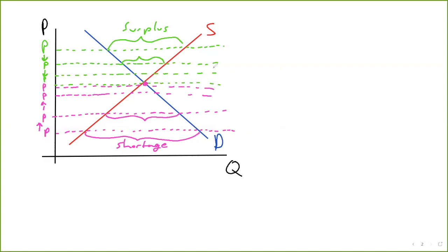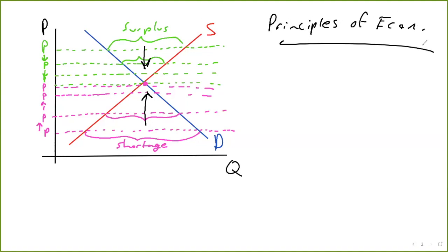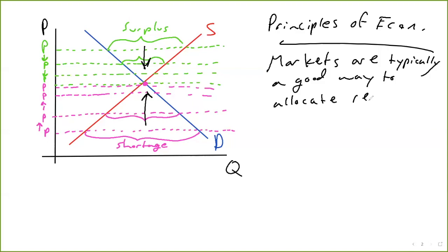So the point is, absent any mechanism to maintain these surpluses or shortages, if the market is allowed to do as it wishes, shortages and surpluses tend to dissipate quickly and the equilibrium price is found. This concept goes back to one of the fundamental principles of economics, which is that markets are typically a good way to allocate resources.